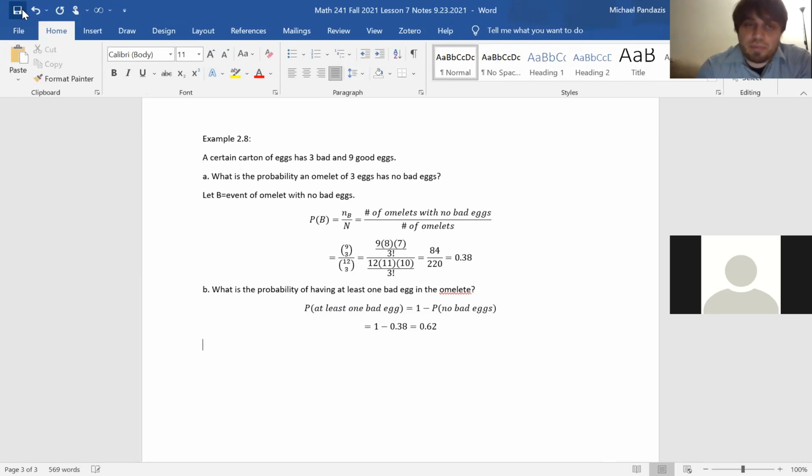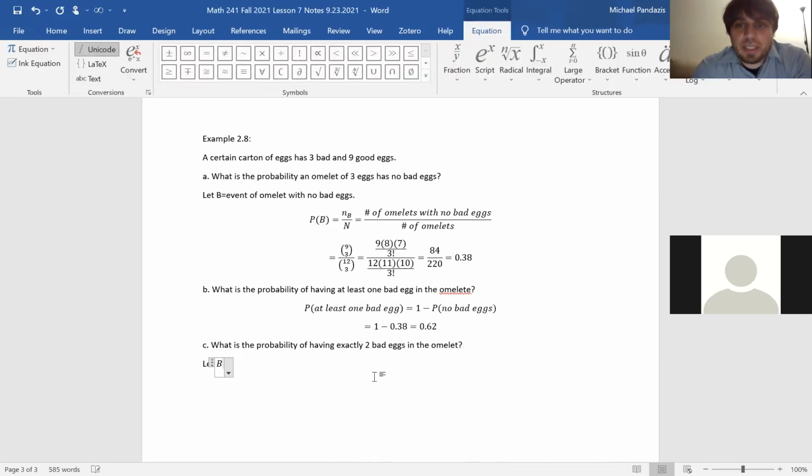Okay, and that's part B, and then part C is what is the probability of having exactly 2 bad eggs in the omelet. So let B equal the event of exactly 2 bad eggs in the omelet.